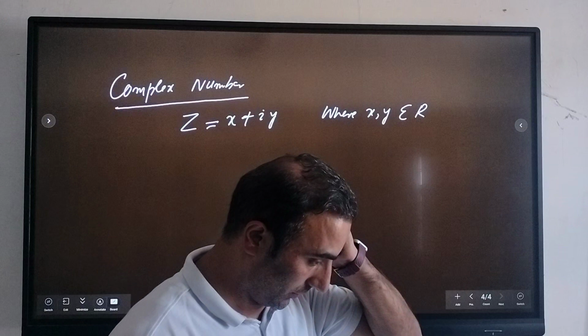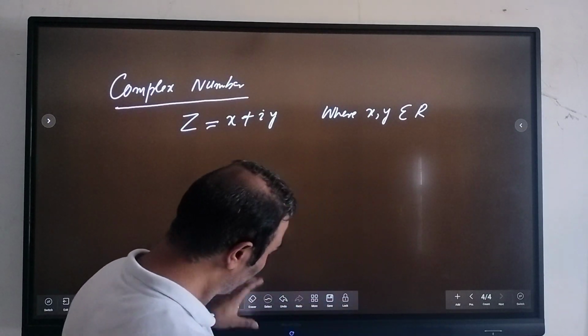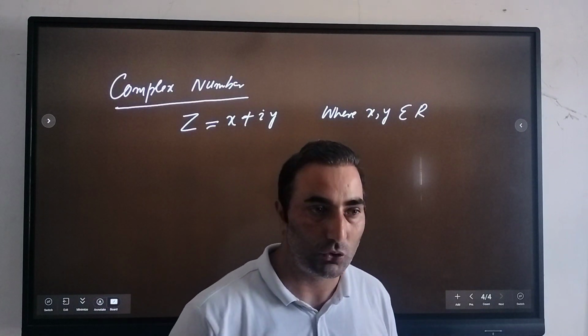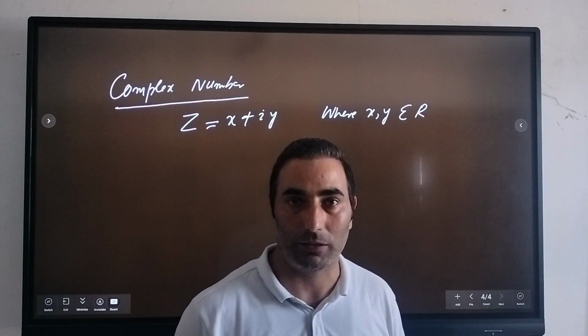But this iota makes it imaginary. So this is our complex number, that basically lies in the complex plane, right?